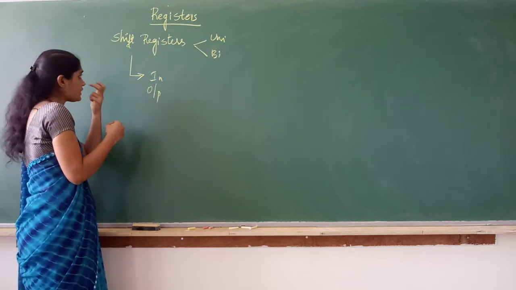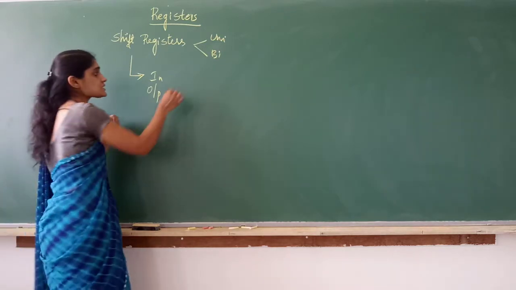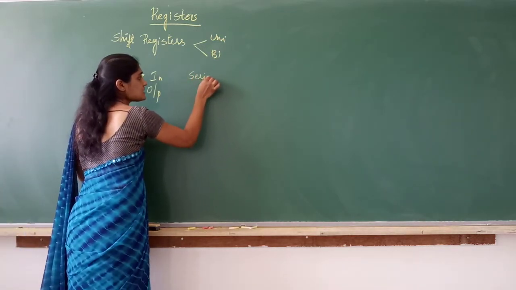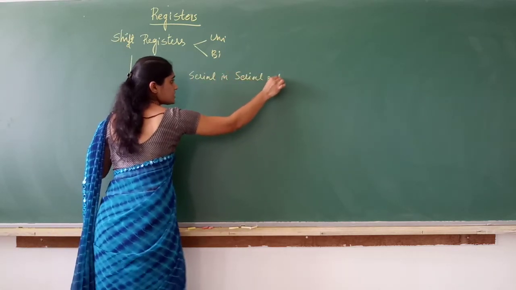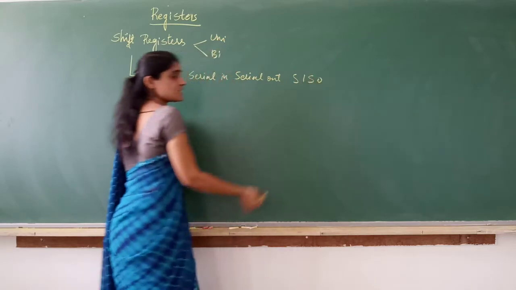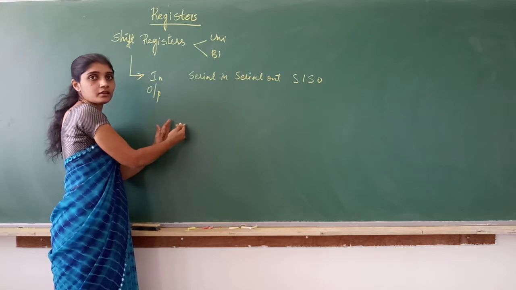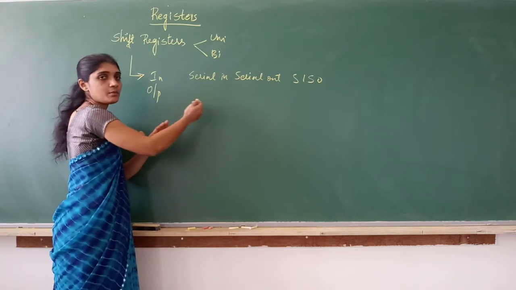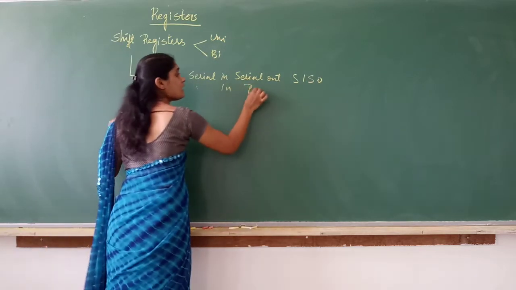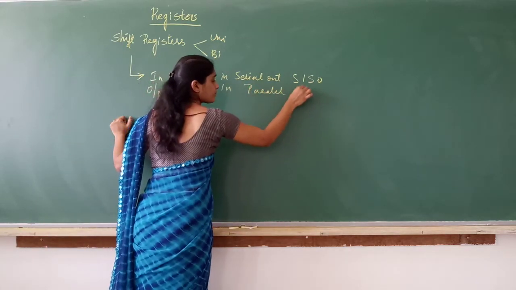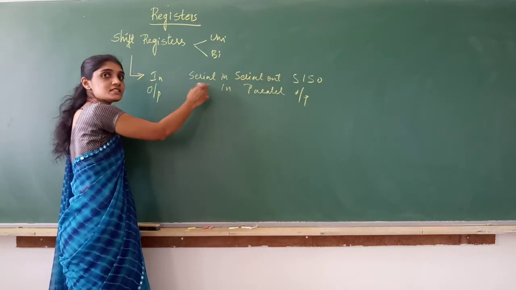Based on that, we have 4 more classifications of shift registers. That is serial in, serial out, called SISO. Bits are entered bit by bit, then they are outputted in the same manner. Next, serial in, parallel out: all the bits are taken out simultaneously, but they are entered serially.